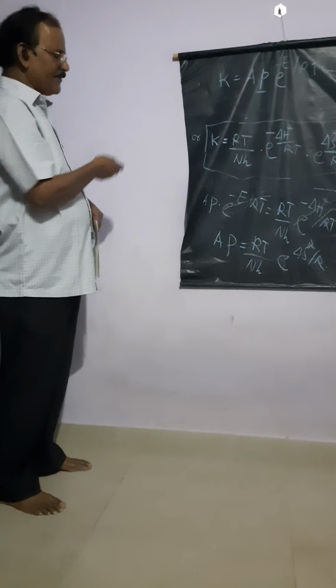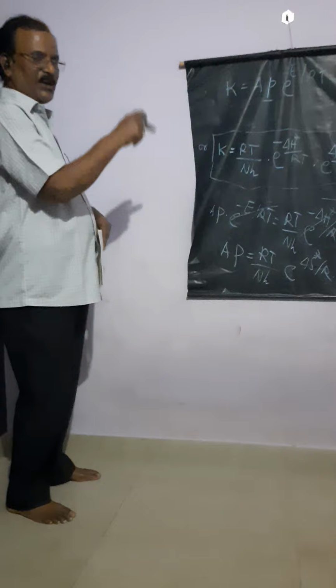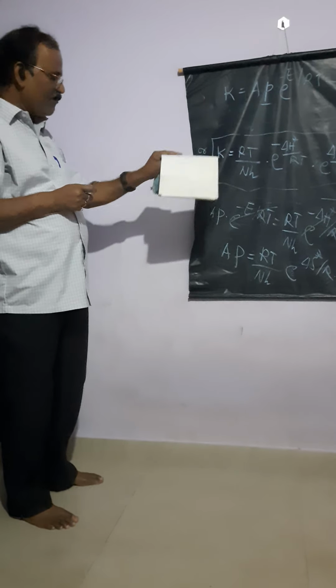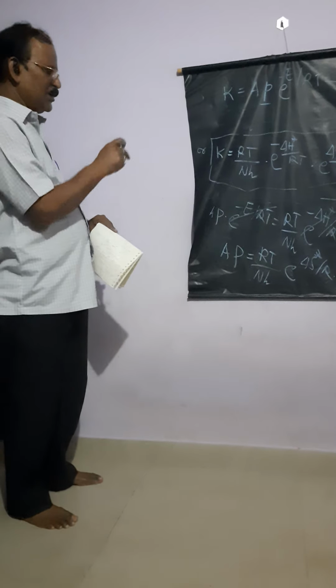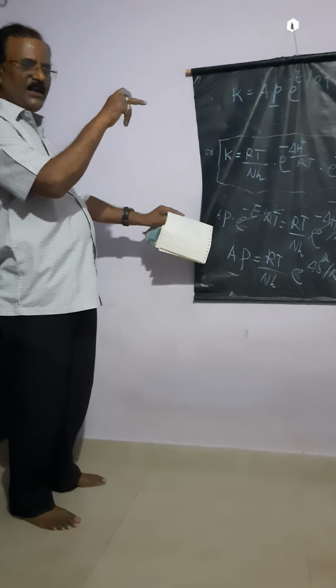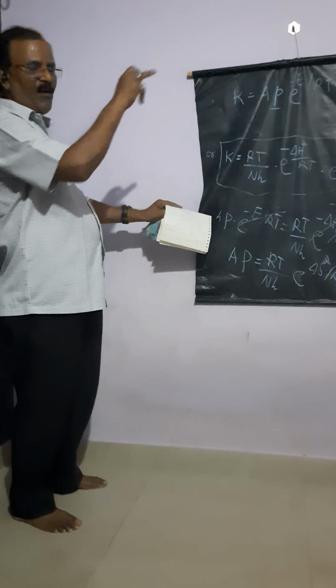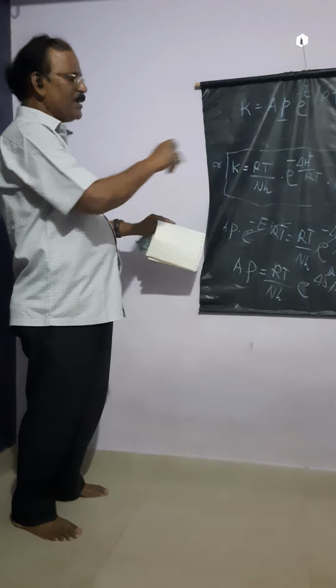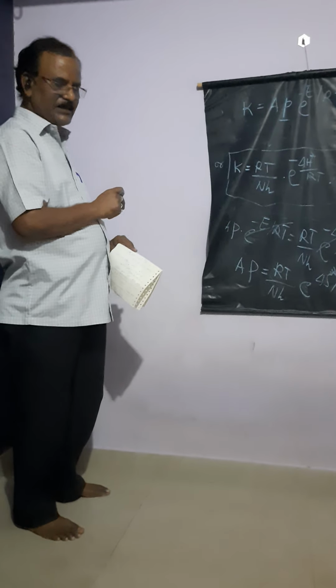The Arrhenius factor is given by 10 to the power of 3 into the number of molecules of reactant A, the number of molecules of reactant B, into sigma average whole square into 8 pi RT whole to the power of half, into mu, the reduced mass, M1 M2 divided by M1 plus M2.